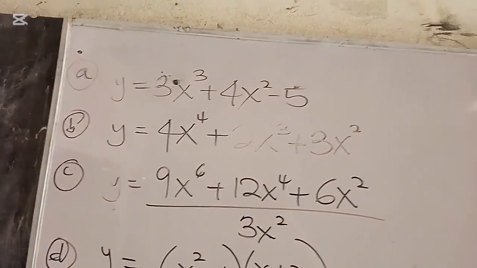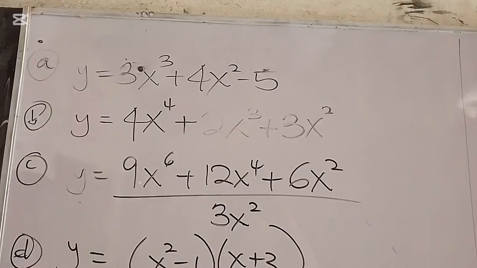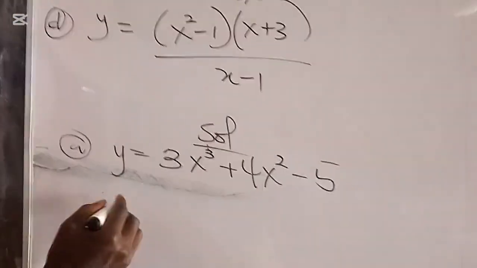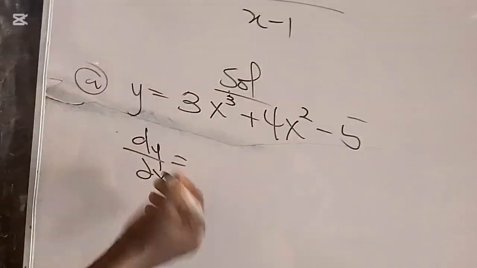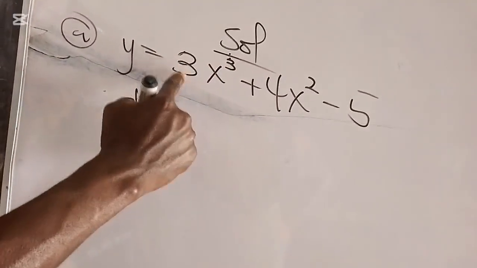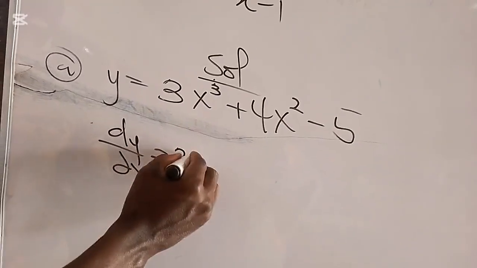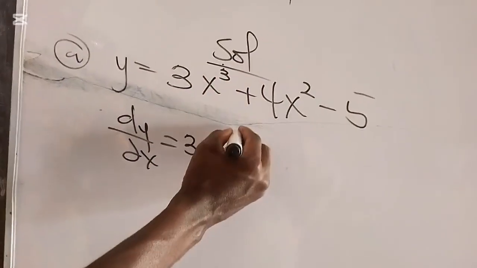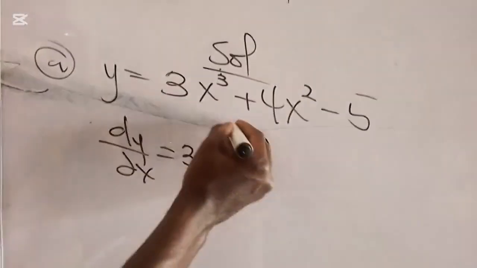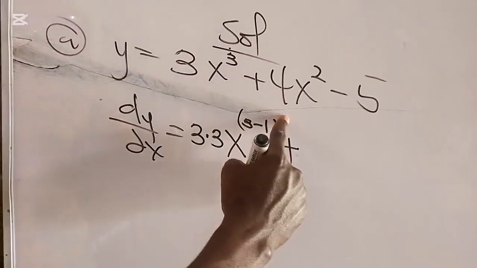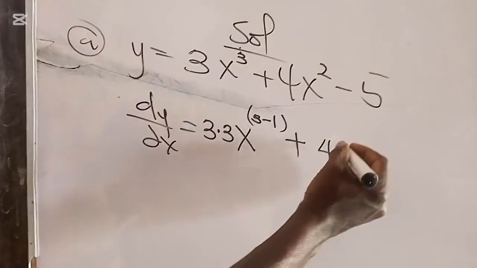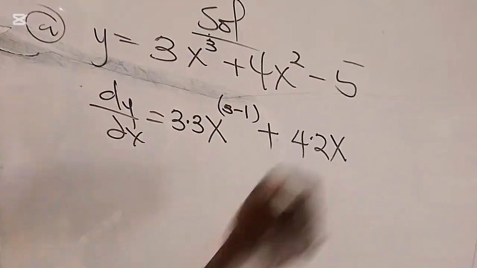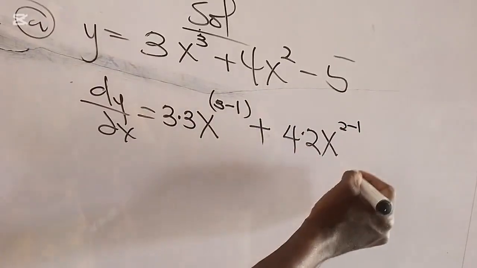y is equal to 3x cubed plus 4x squared minus 5. What do we do? Our dy/dx will be equal to, I told you to drop the 3 to multiply the constants here. So we have 3 multiplying 3x, and the exponent, we subtract 1 from this 3. So 3 minus 1, put it in bracket, plus 4. This 4 is being multiplied by 2, we drop the 2, x, subtract 1 from the 2, minus.